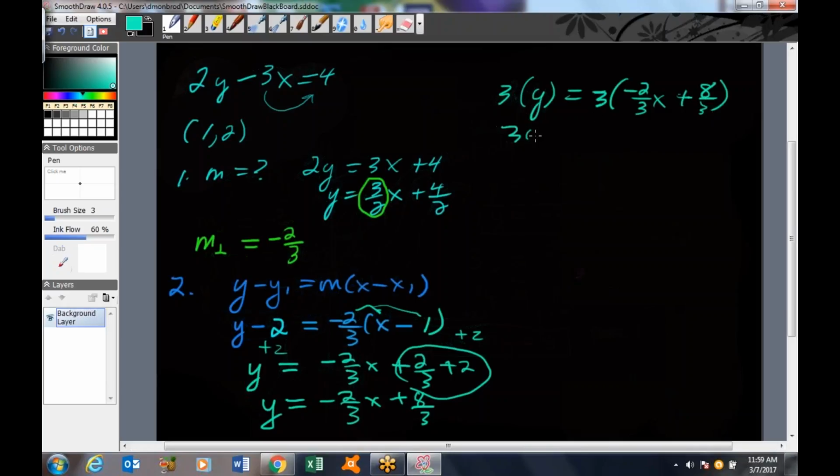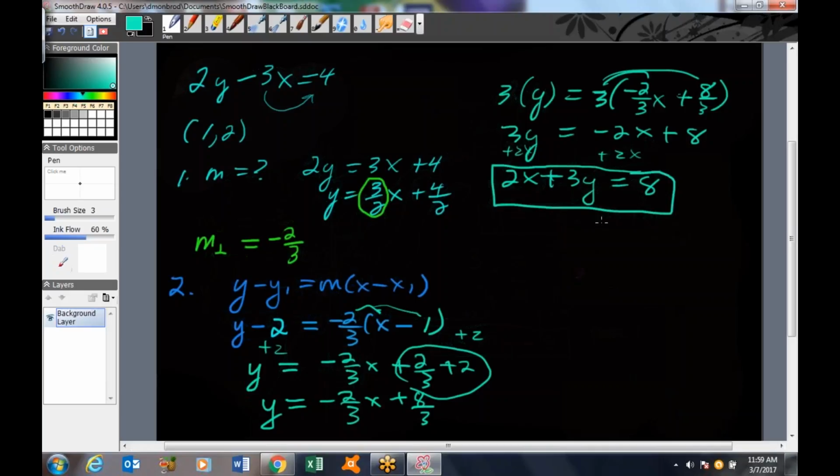So what that does is it gets rid of these fractions for us. Okay, notice when you distribute what happens to those 3's. And then if you add a 2x to both sides, just add that 2x and add it over here. Unlike terms, so we just write it this way, you will get this. And that is a good way to leave your answer in so-called standard form.